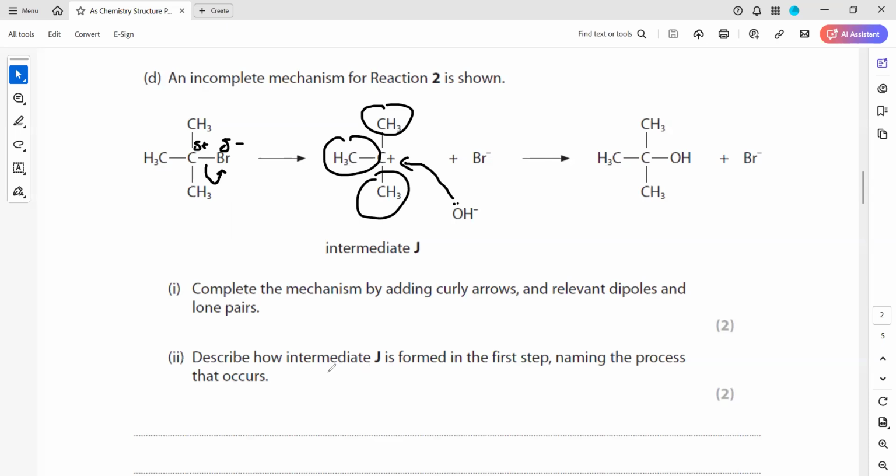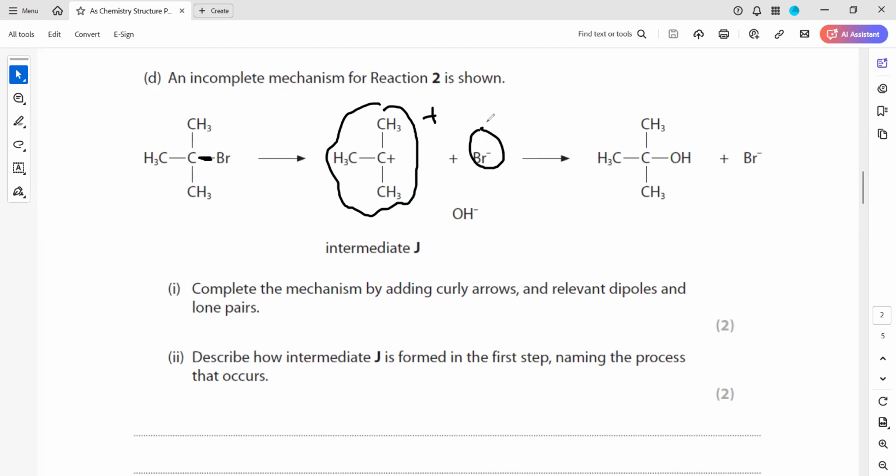Describe how the intermediate J is formed in the first step, naming the process that occurs. So first, what kind of bond breaking occurs here? As you can see, one positive ion is produced, and another, a negative ion, is produced.